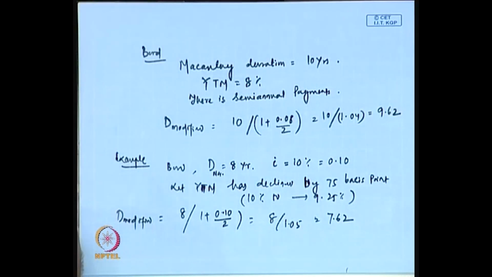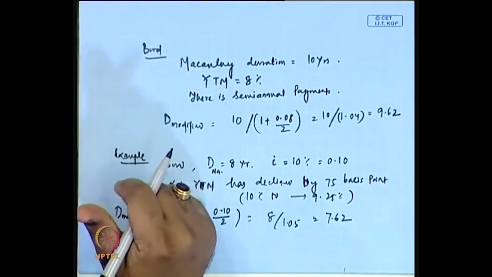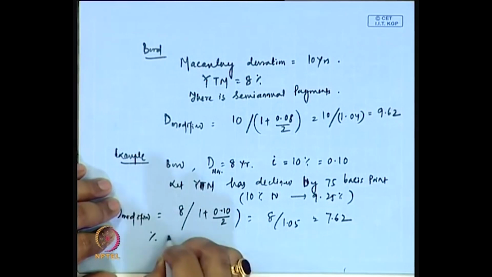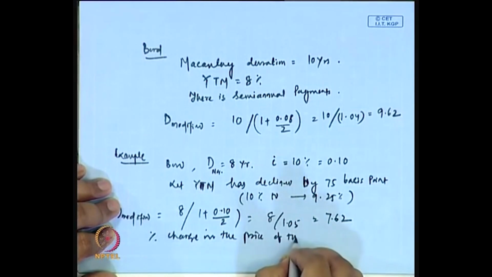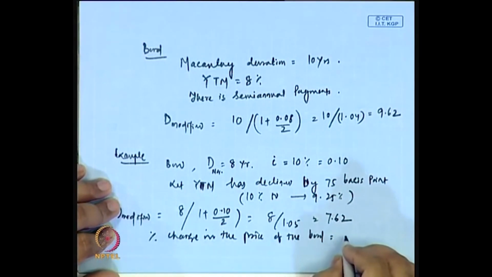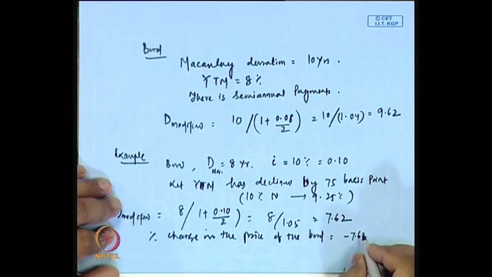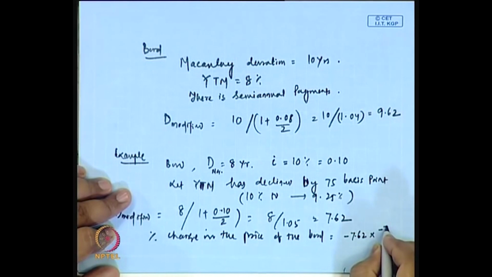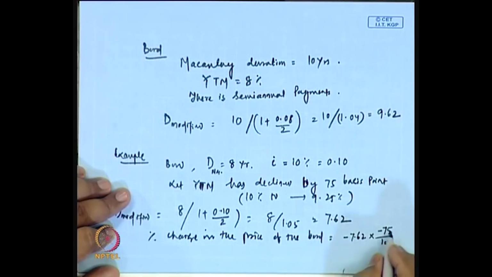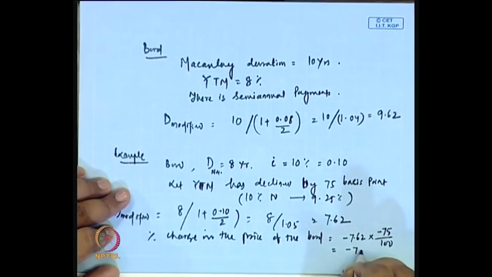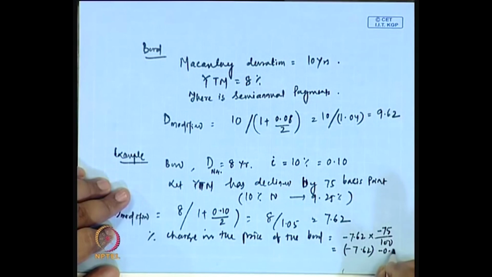Whenever I want to calculate the percentage change in the price of the bond directly, it is minus 7.62 multiplied by minus 75 basis points divided by 100, that is minus 7.62 into minus 0.75, which gives the value of 5.72.